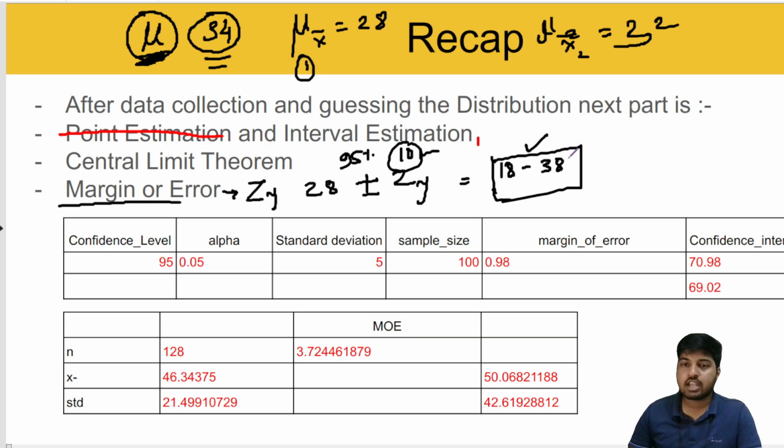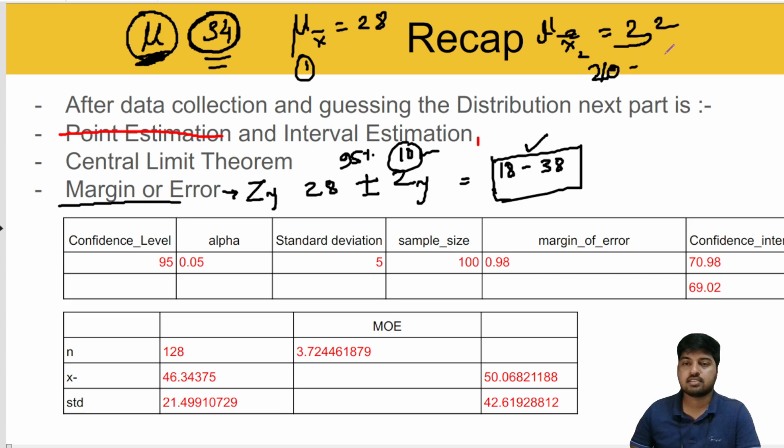So what will happen? The real mean will reside in this range 19 out of 20 times.